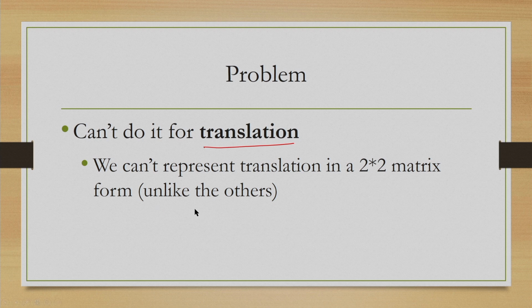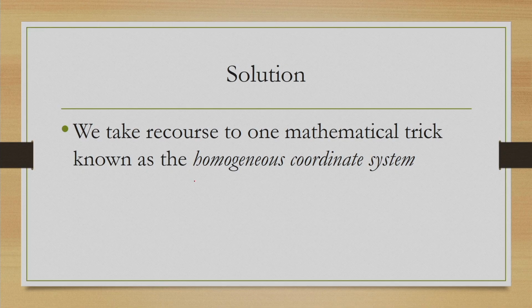So, in order to address this issue, we go for another type of matrix representation, which is called representation in a homogeneous coordinate system.